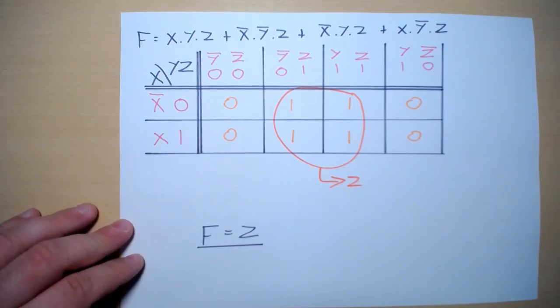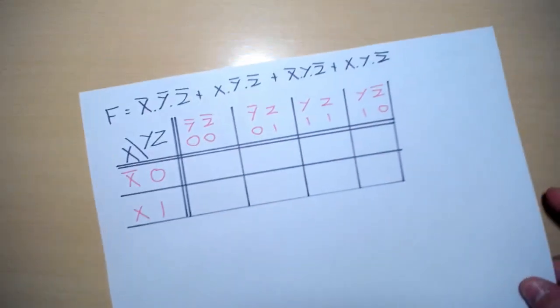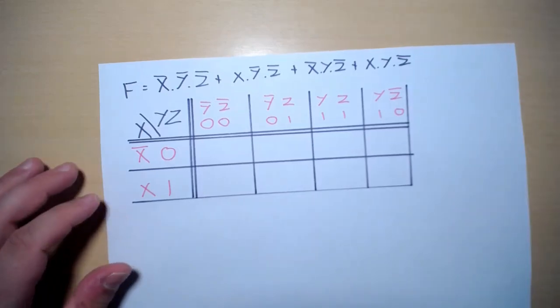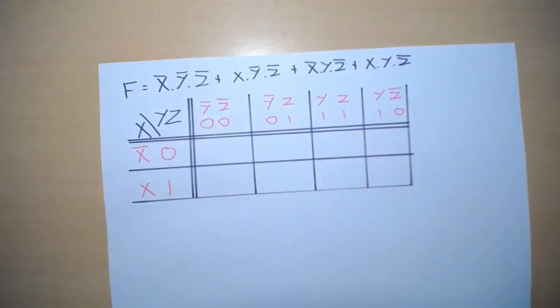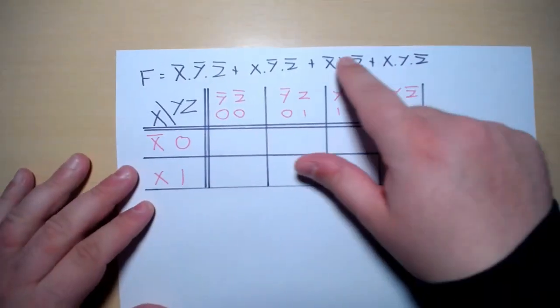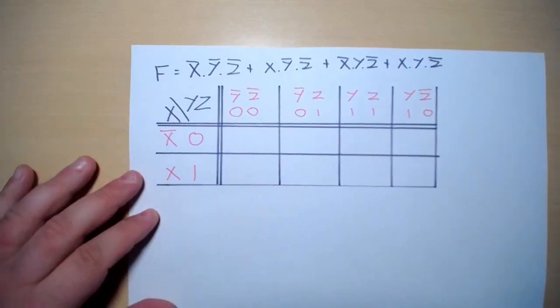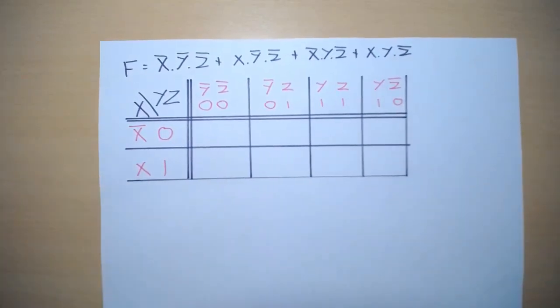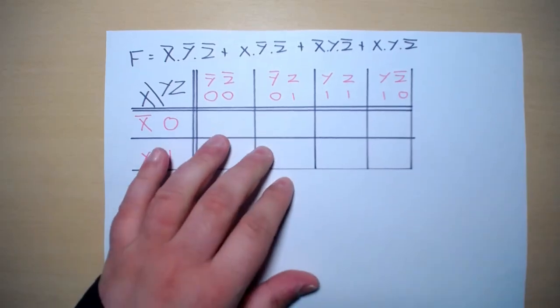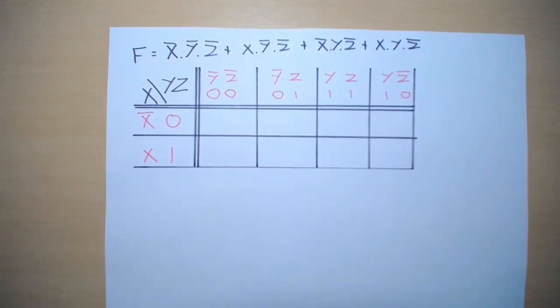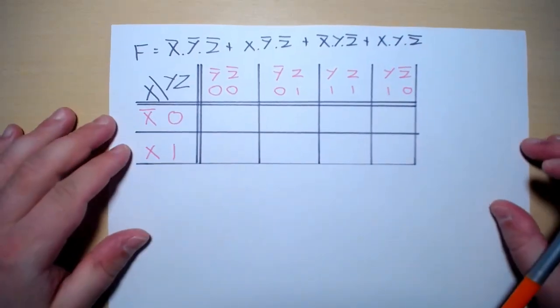Now I'm going to do another example of a Karnaugh map. This time we have this Boolean expression. The Karnaugh map is done already, so we just have to fill in the Karnaugh map.